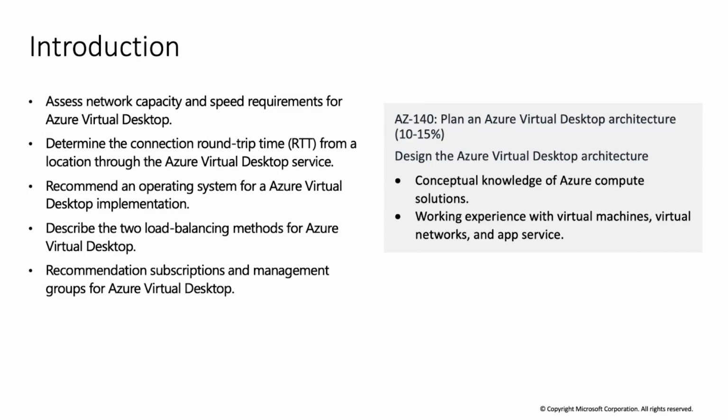Why? Because when we connect to the session, we need a good amount of bandwidth, depending on how many users, how many sessions, and how many applications and services are being connected, executed, and consumed.